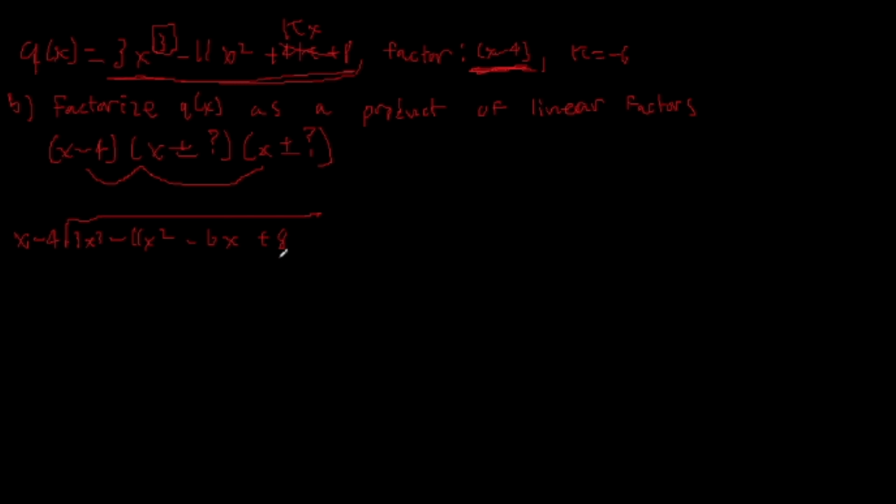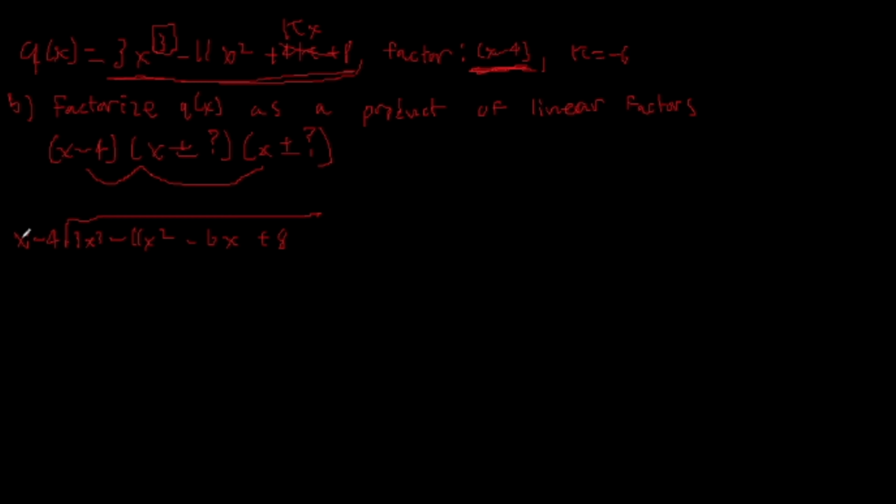And how you divide this is not how you might think it works. It works a bit differently than standard long division. We're only going to be dividing by this x, if that makes sense.